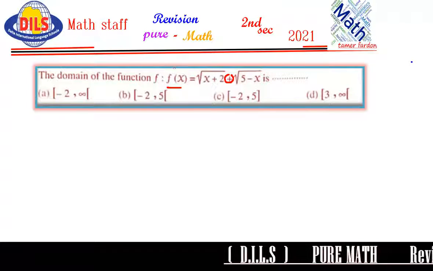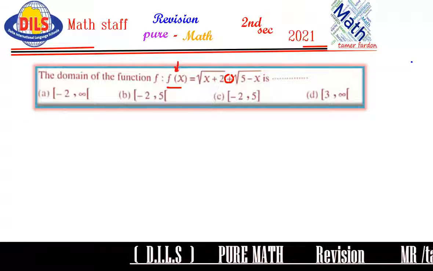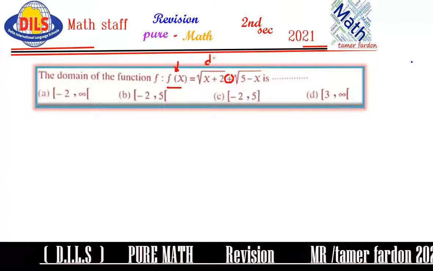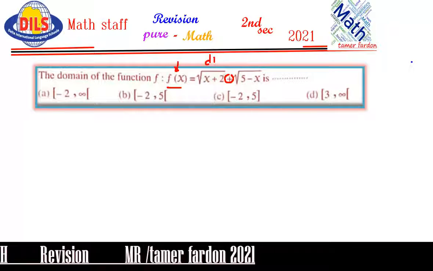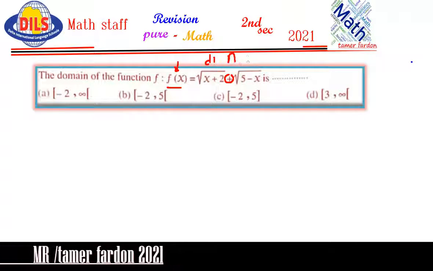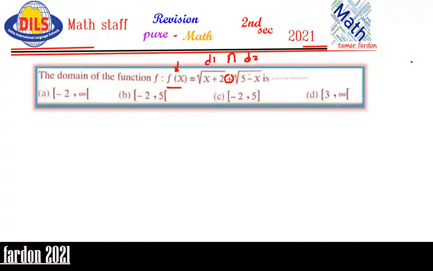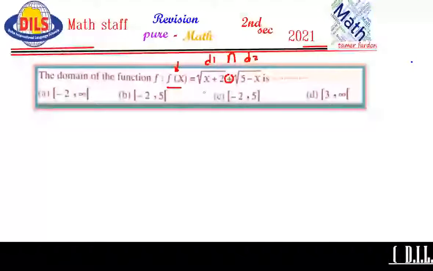So the domain of f(x) is d1, the domain of root x plus 2, intersect d2, the domain of root 5 minus x.